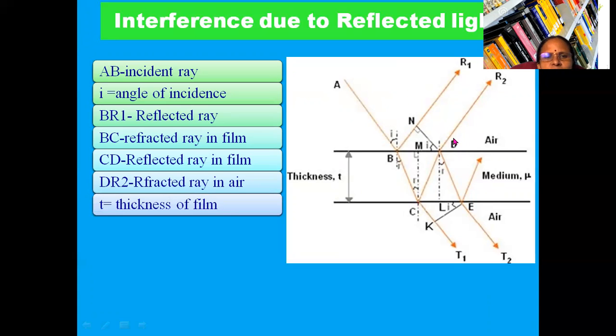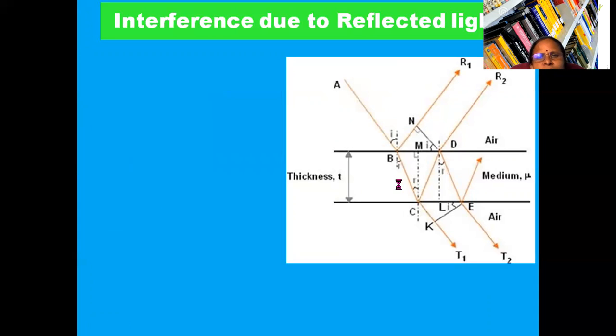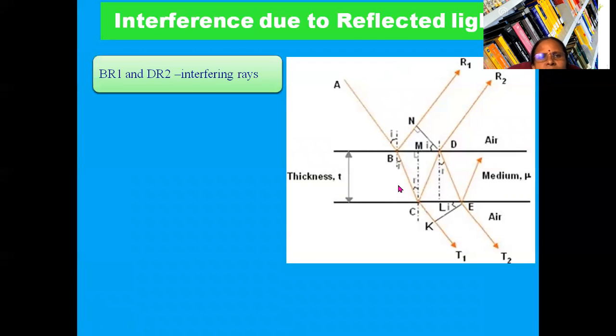T is the thickness of film, mu is the refractive index of the thin film, and this R you may be observing here or here. These are the angles of refraction. Okay. Again, we will consider BR1 and DR2.